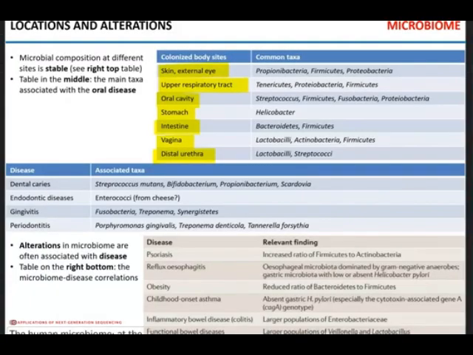So, another question that I want to pose for you. You're familiar with the digestive tract, right? There is a fair amount of microorganisms in your mouth and in your throat, but not as much in the esophagus.